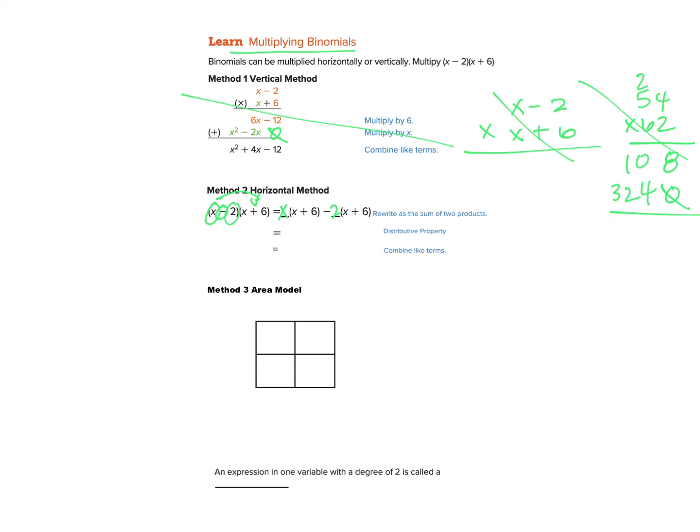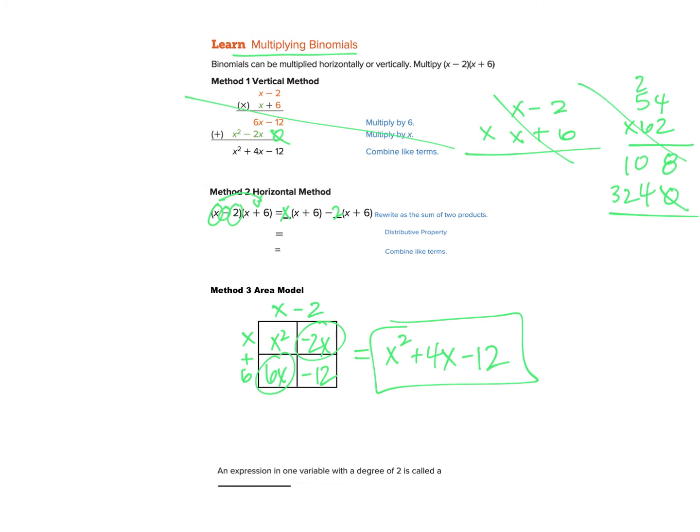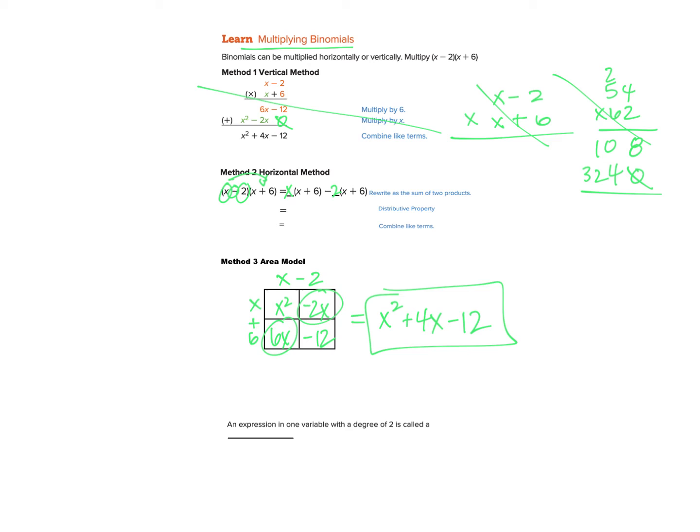Okay, method 3 is the area model, where you could do x minus 2 times x plus 6, and then you could do your x squared minus 2x, your 6x, negative 12, and you could get what it equaled inside here. So I would say, okay, well, it's x squared plus 4x minus 12. That would be what I get when I multiply it out. And then the third method is the distributive property, which I'm going to show you today.